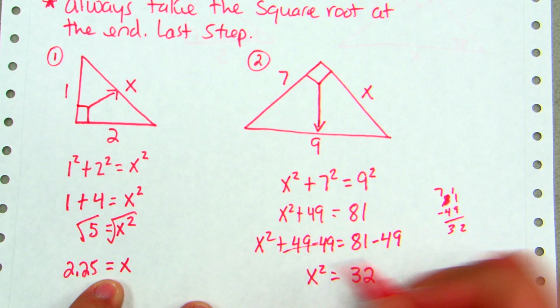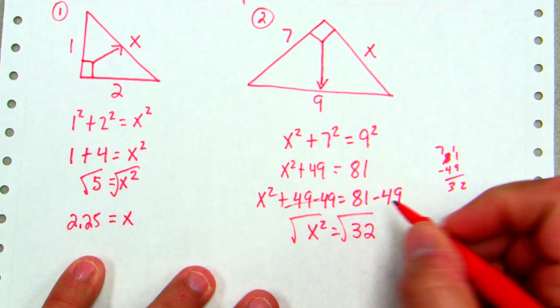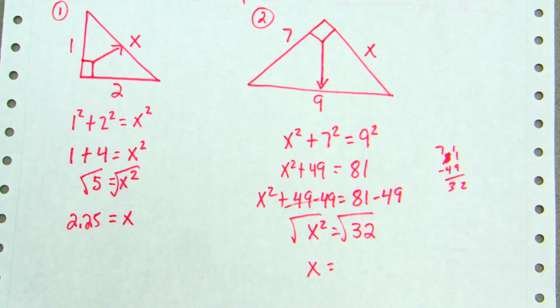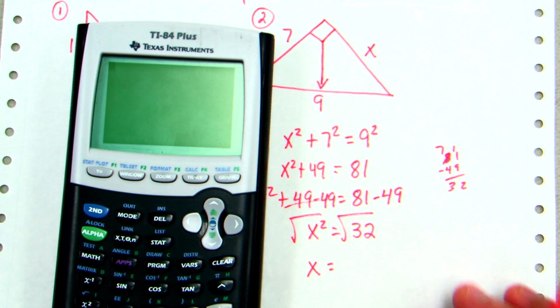Now once again, last step, we want to take the square root of both sides. And the square root of x squared is x, and the square root of 32. I'll show you on the calculator really quick.